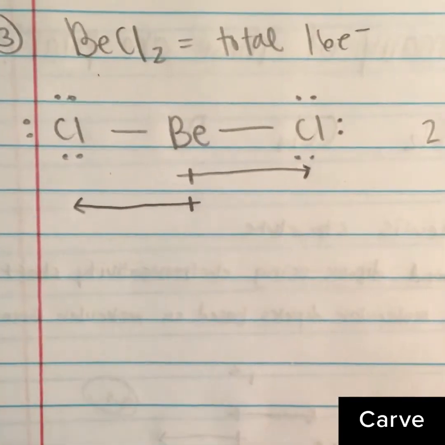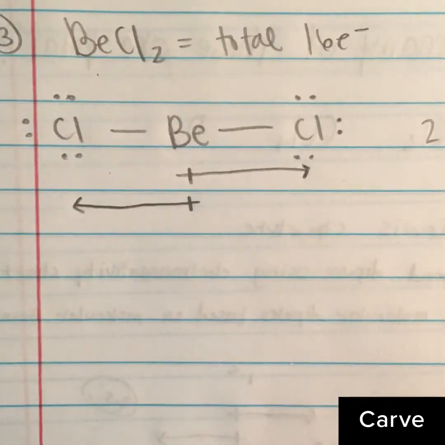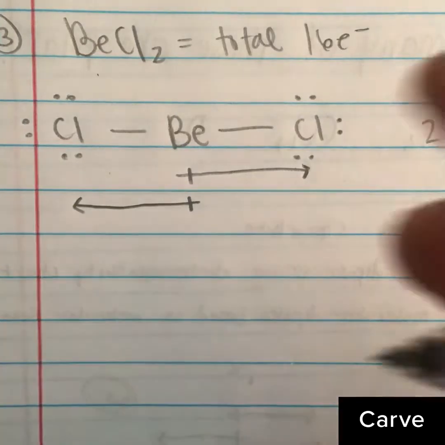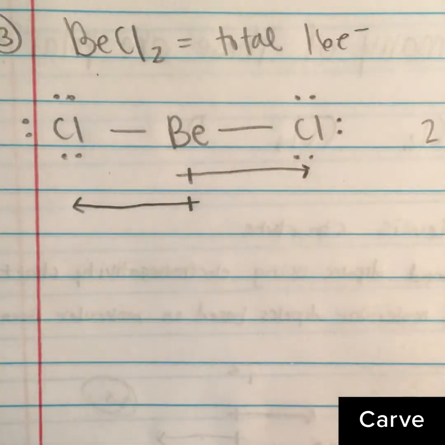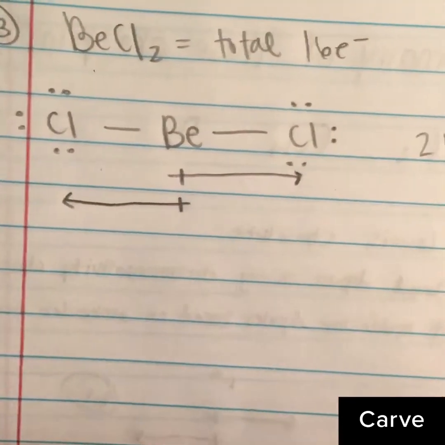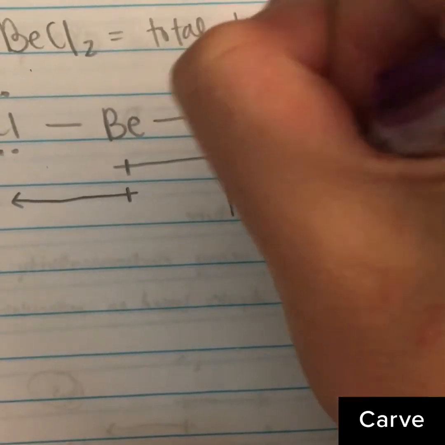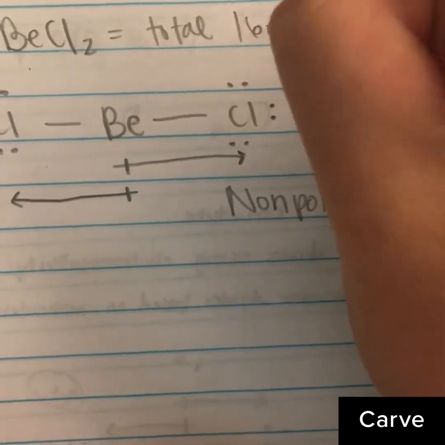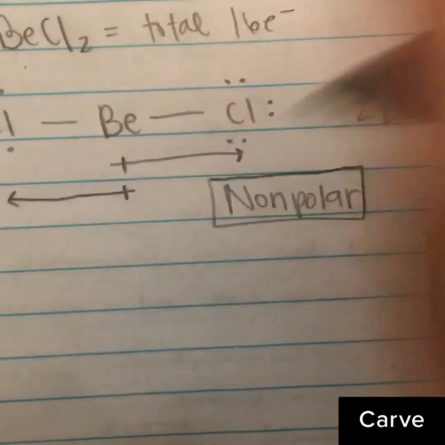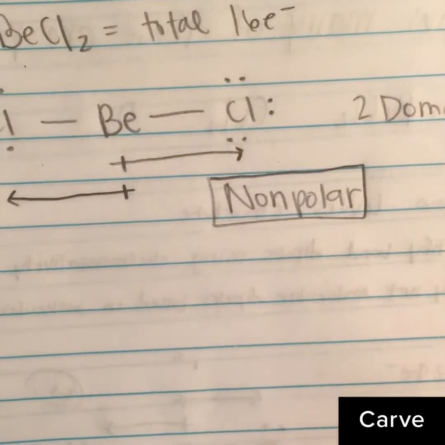And so its molecular geometry is going to look exactly like this. And there's no net dipole because they are equal in length, so they're going to cancel, and that makes this molecule non-polar.